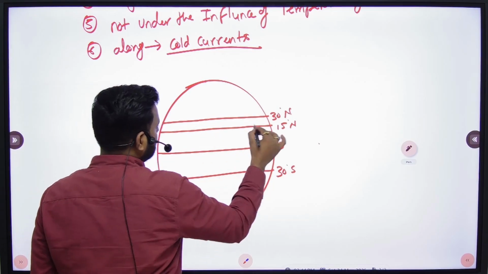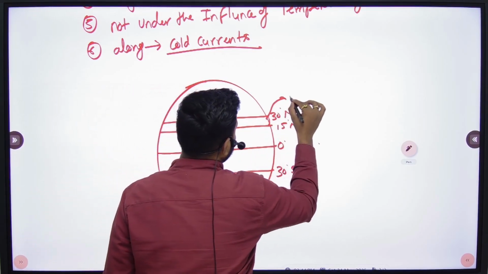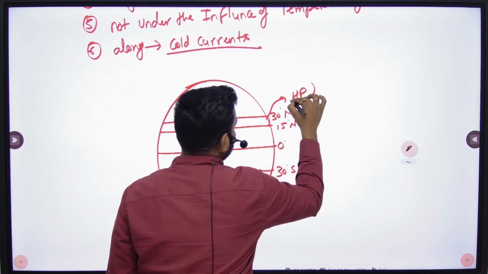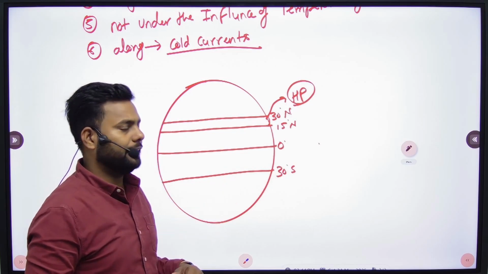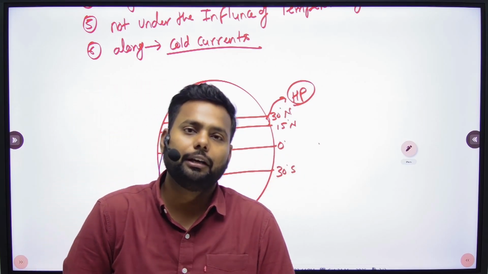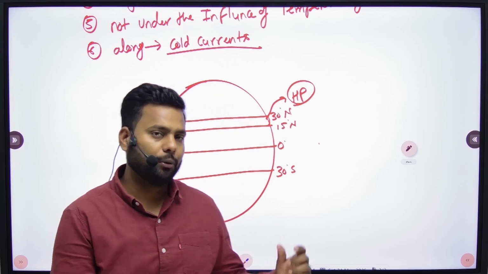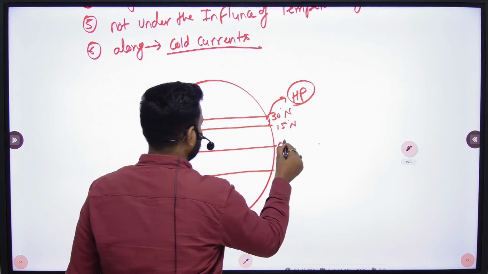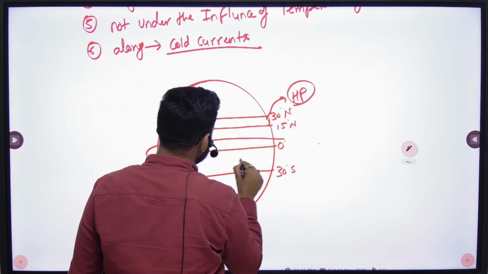This is the zone of high pressure. Why is this the zone of high pressure? Because in the equatorial area the sun rays are vertical, perpendicular and straight throughout the region, and that's why this region receives intense insolation.